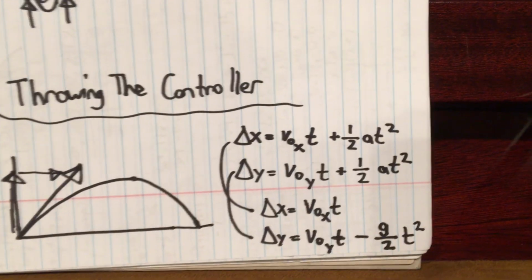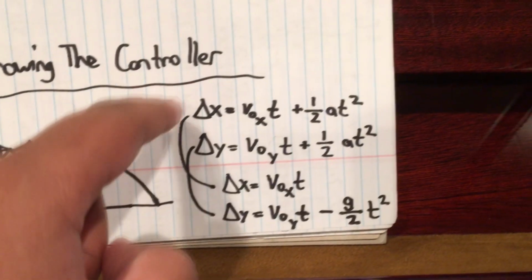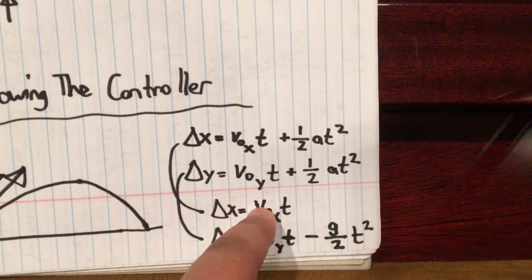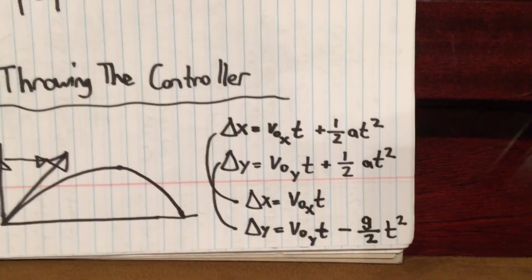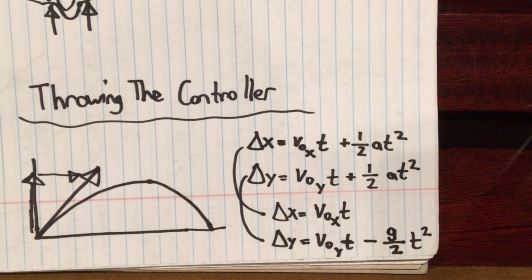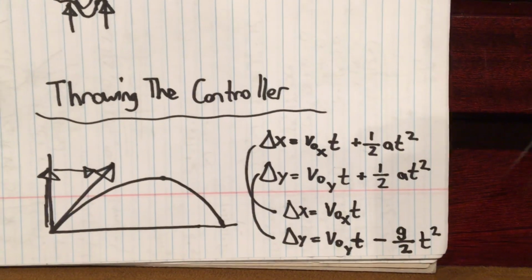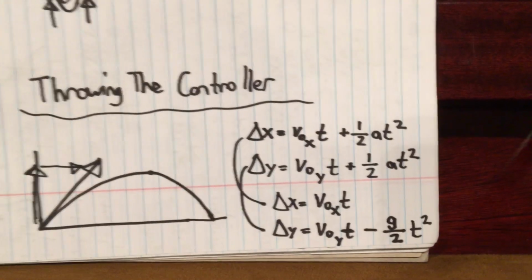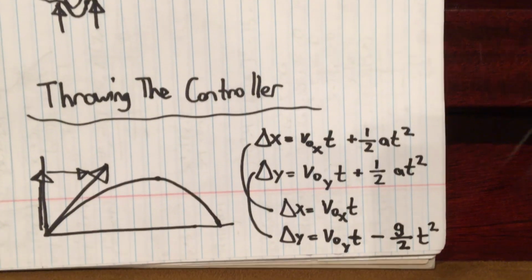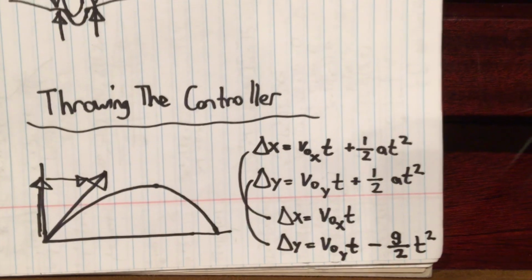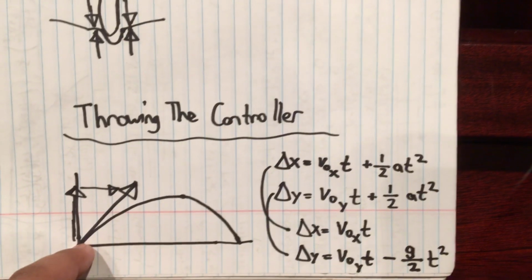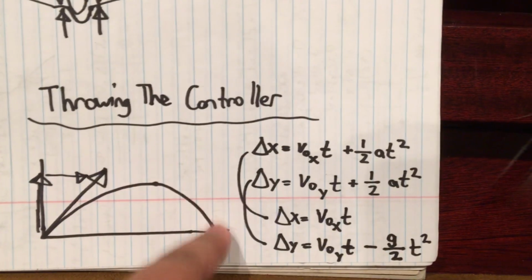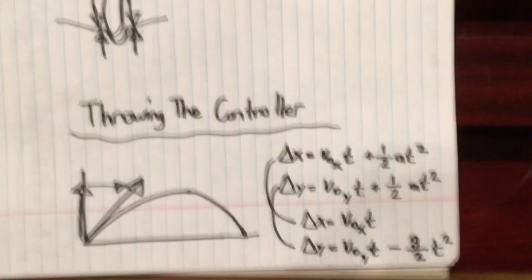These formulas are the same, but what changes is gravity, as you can see when you plug it in. For the x, you get delta x equals v initial in the x direction times time, because there's no forces acting on it in the x direction. Delta y becomes v initial y times t minus g over 2 t squared, because the force acting on it at all times is gravity. That's with respect to this position, because the displacement would be negative from the gravity over time. Whee.